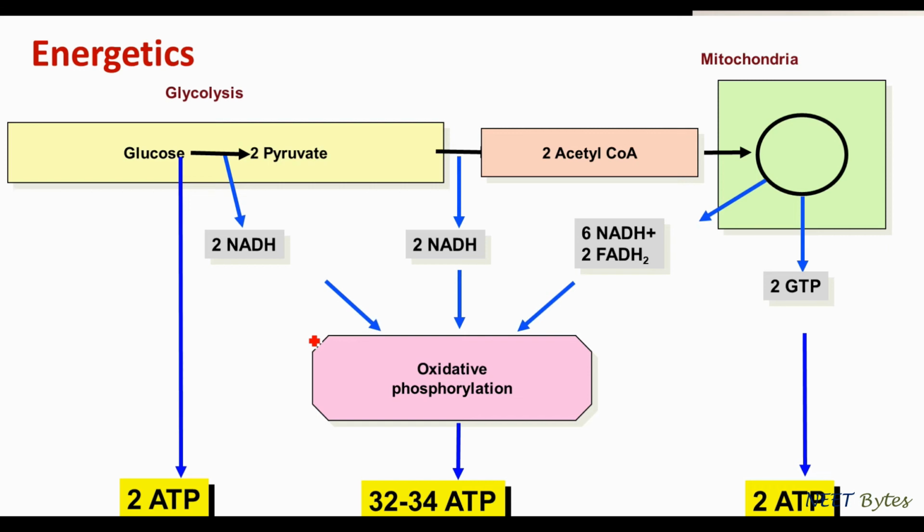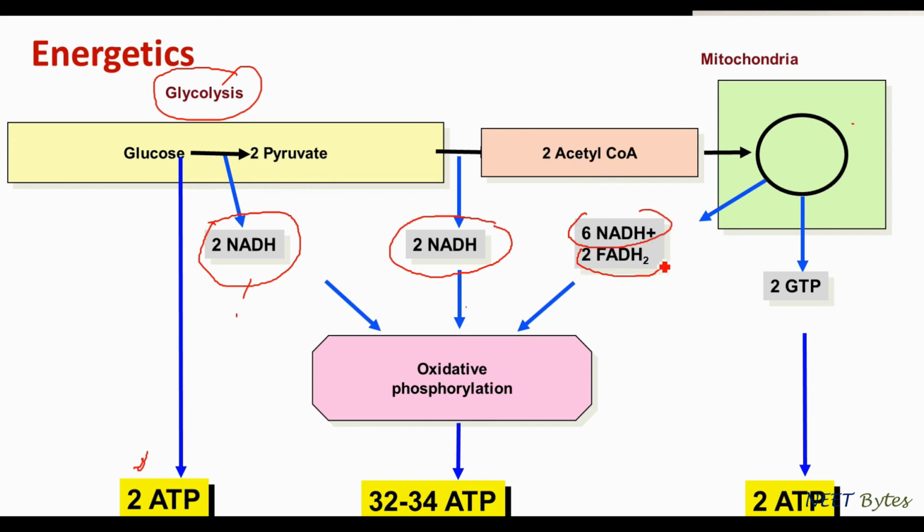Let's talk about the energetics. In the case of glycolysis, we have seen the formation of 2 ATP and 2 NADH2. These 2 NADH2 come to oxidative phosphorylation in the mitochondria. Now, during the formation of acetyl coenzyme A, 2 NADH are also formed, and the Krebs cycle is going to form 6 NADH and 2 FADH2.